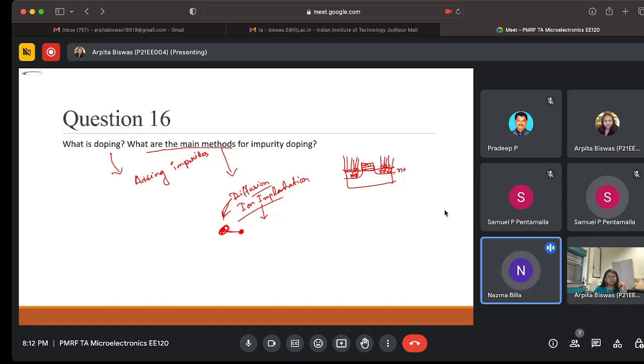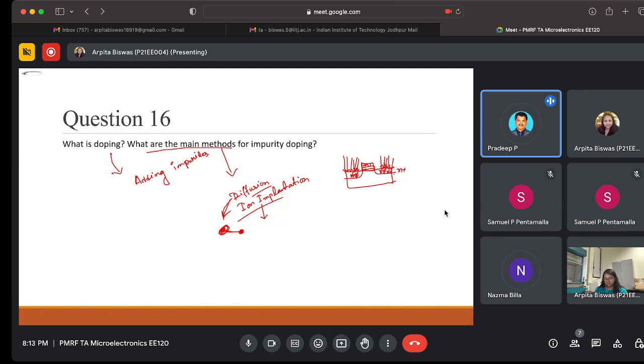Then what is epitaxial growth, ma'am? Pradeep, have you any idea what epitaxial growth is? I have to recall, madam. I am not in a position to tell you. Samuel, have you heard about epitaxial growth? Layer by layer growing, like oxidation is an epitaxial process, madam.